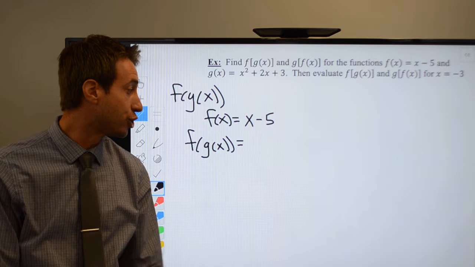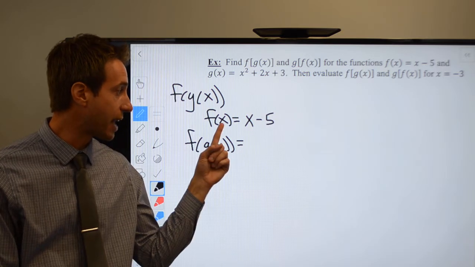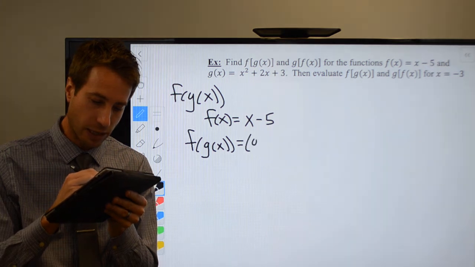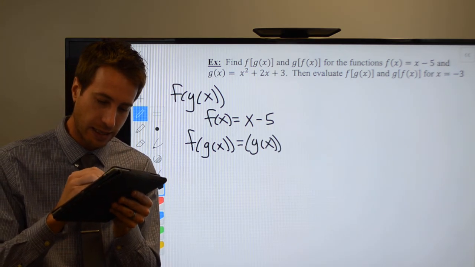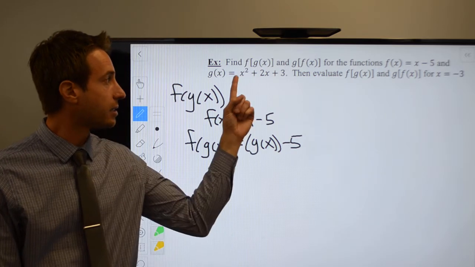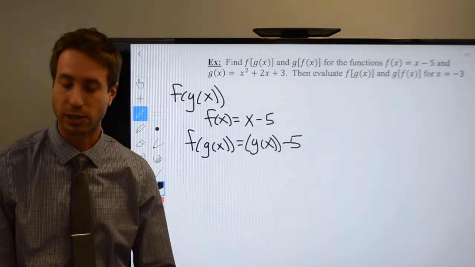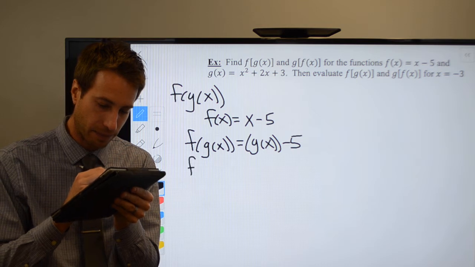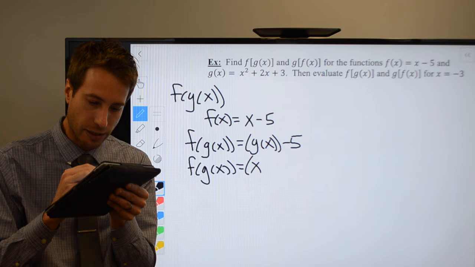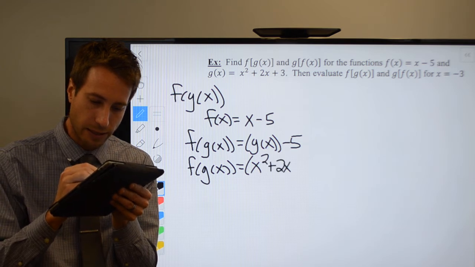So I'm going to plug in a g of x everywhere I have an x, which is right there. There's my x. So that is now going to become a g of x, and I still have the minus 5. Well, what is g of x? It's x squared plus 2x plus 3. So plug that in. x squared plus 2x plus 3 minus 5.